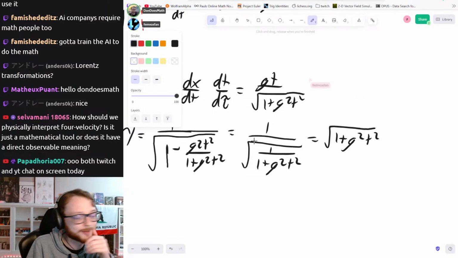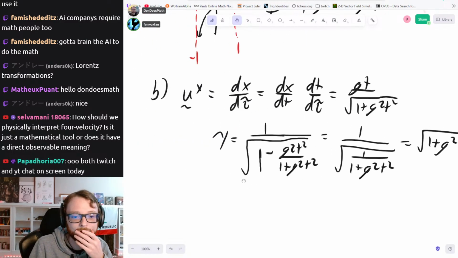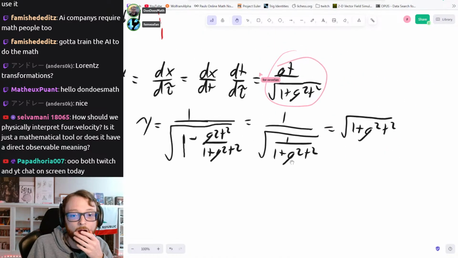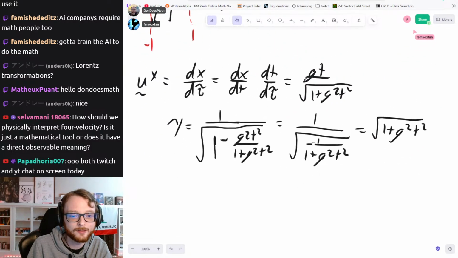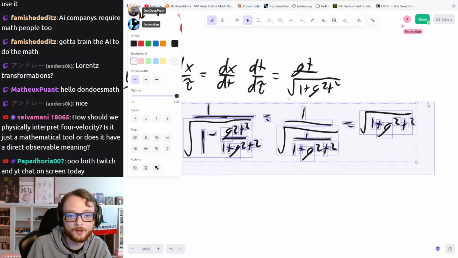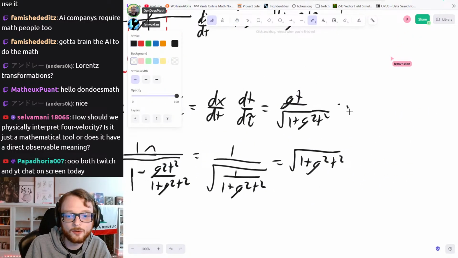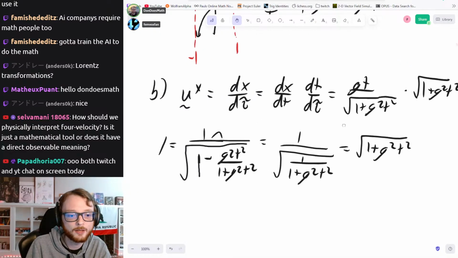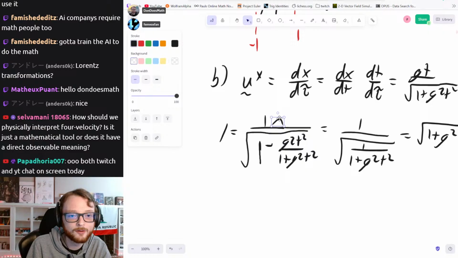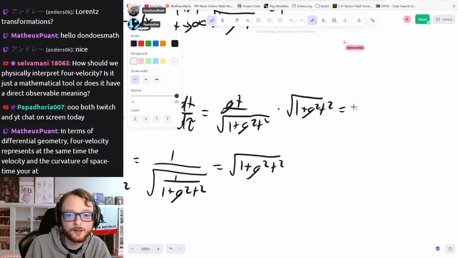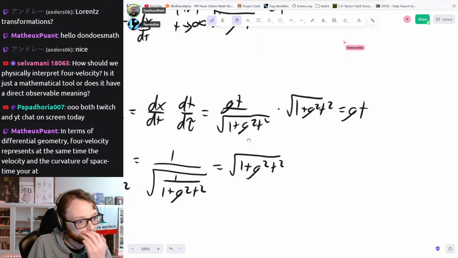Well, I'm saying when you bring this and multiply it by this, isn't that what we have to do next? Oh yeah, you're right. Oh no, you lost half your gamma. I did. What I get for being lazy with dragging things over. So we get just gt. Well, that's nice and clean.